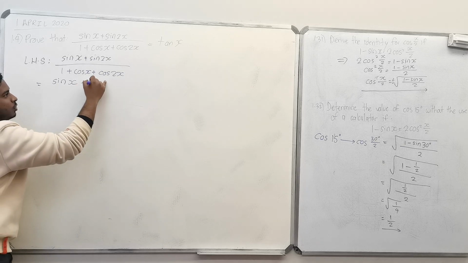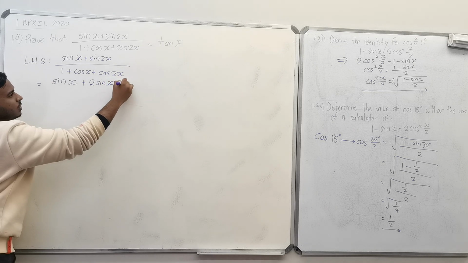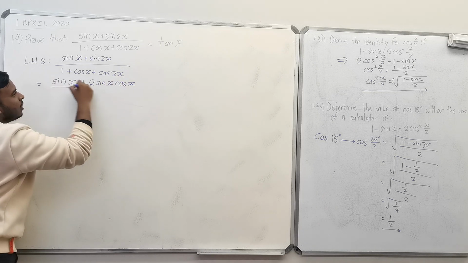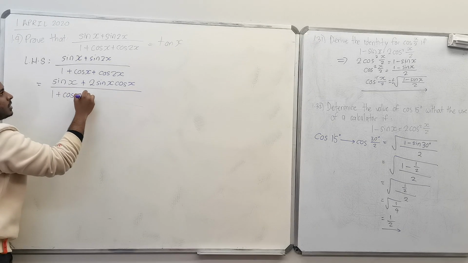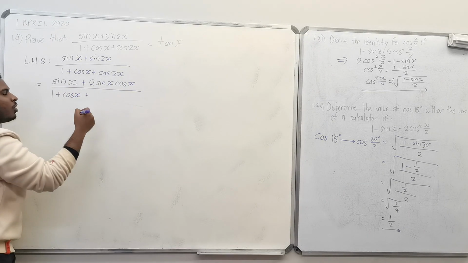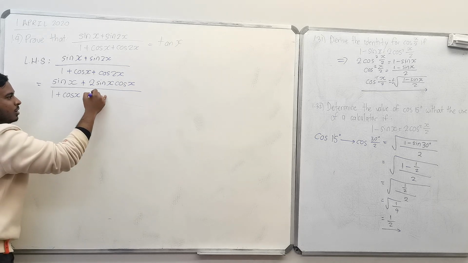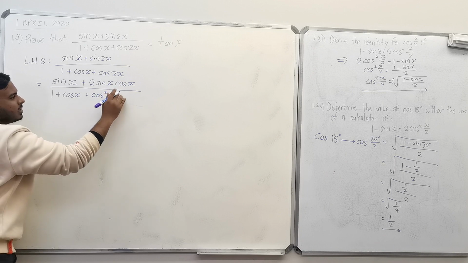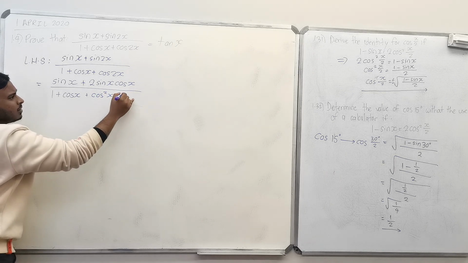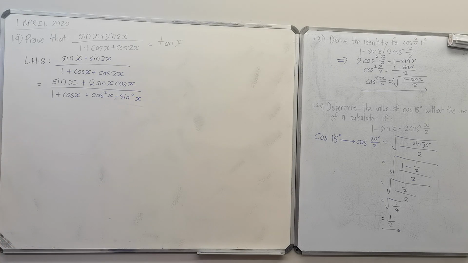So what will it change to? 2 sin x cos x all over 1 plus cos x plus cos 2x, which is a double angle. So it will change into cos squared x minus sin squared x. Right? Okay.